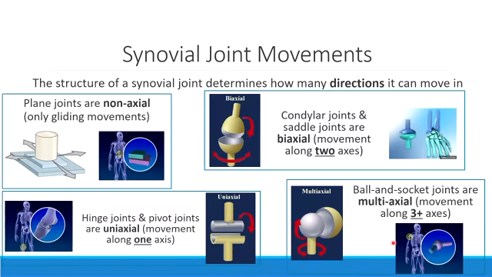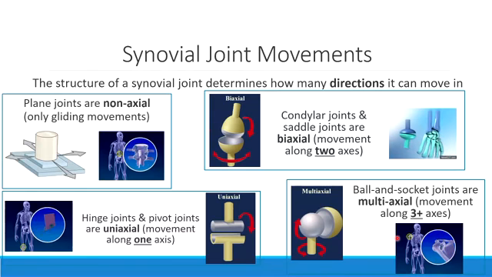So when I'm thinking about the kind of axes that my shoulder joint can move on, I can do the whole backward and forward thing. That's one axis. I can do the up and down thing. But then what I can also do, that's going to be kind of hard for you all to see, I can rotate that joint in and out.